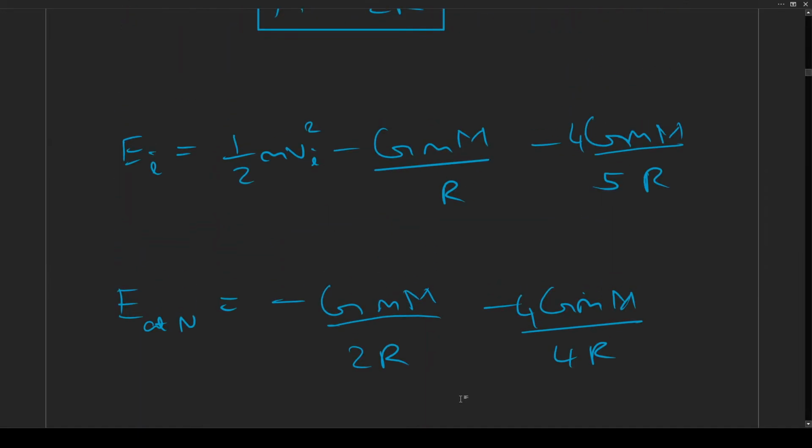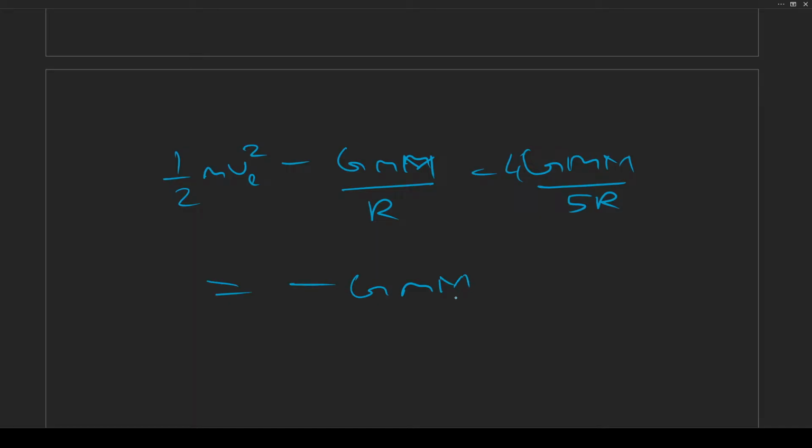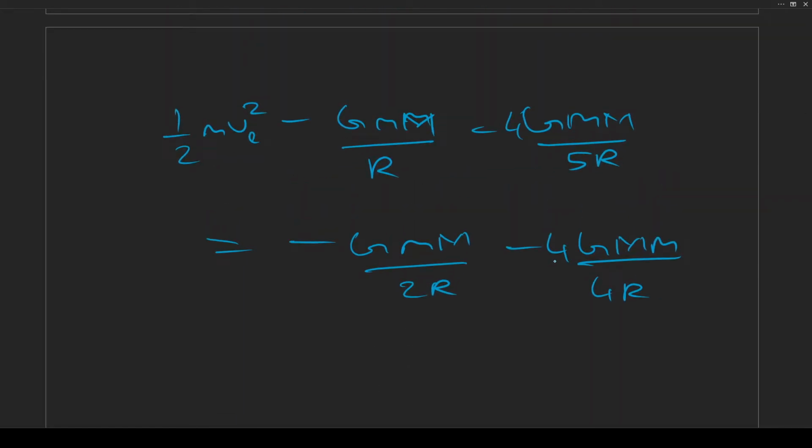Now, due to conservation of mechanical energy, both should be equal, where half mv initial square minus GMm by r minus 4GMm by 5r is equal to minus GMm by 2r minus 4GMm by 4r. These two terms are the same, so they cancel.